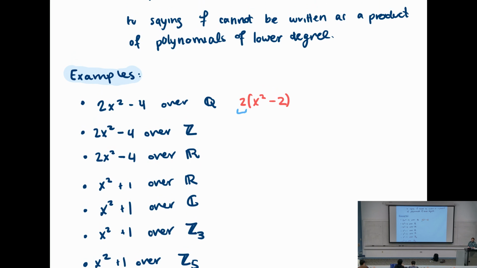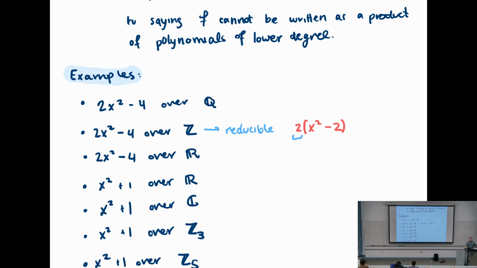So this is not a factorization of this polynomial over this ring. But what does this say about this question? That says that it is reducible over Z. This factorization tells us that.